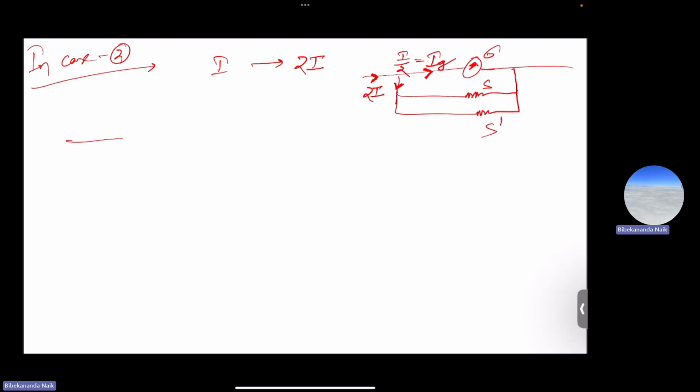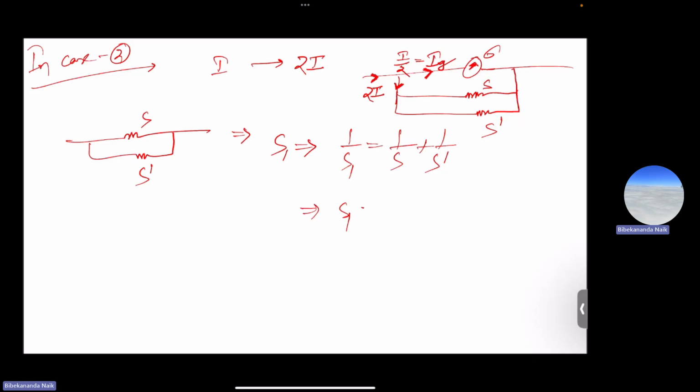Now if we convert the combination of these two resistances S and S prime, suppose the resultant is S1. So 1 by S1 equals 1 by S plus 1 by S prime.